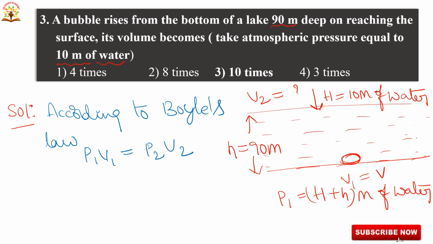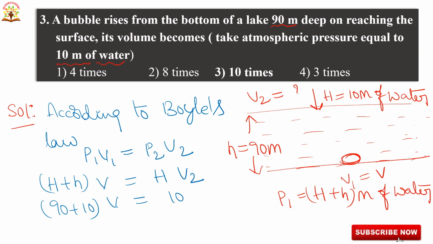Now substituting the values, P1 is nothing but h plus H, into V1, which is V, equals H times V2. They gave the depth of the lake as 90. So (90 plus 10) times V is equal to 10 V2. Now V2 is equal to (90 plus 10, that is 100) V by 10.